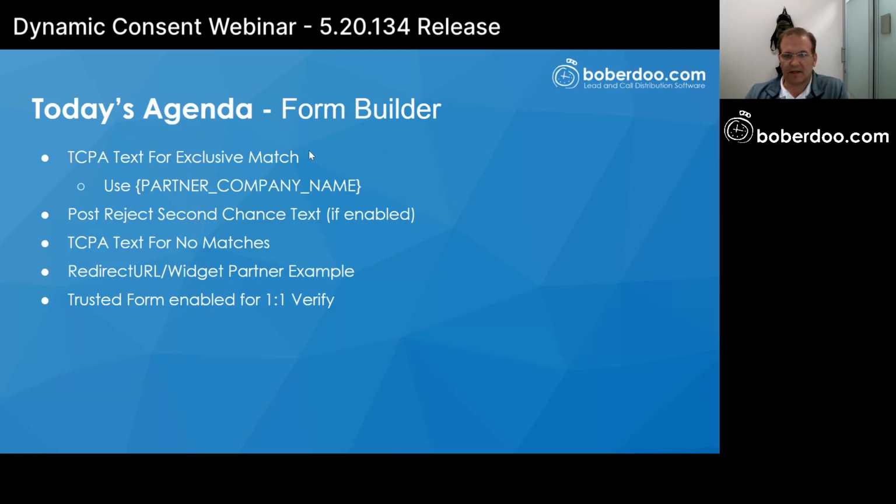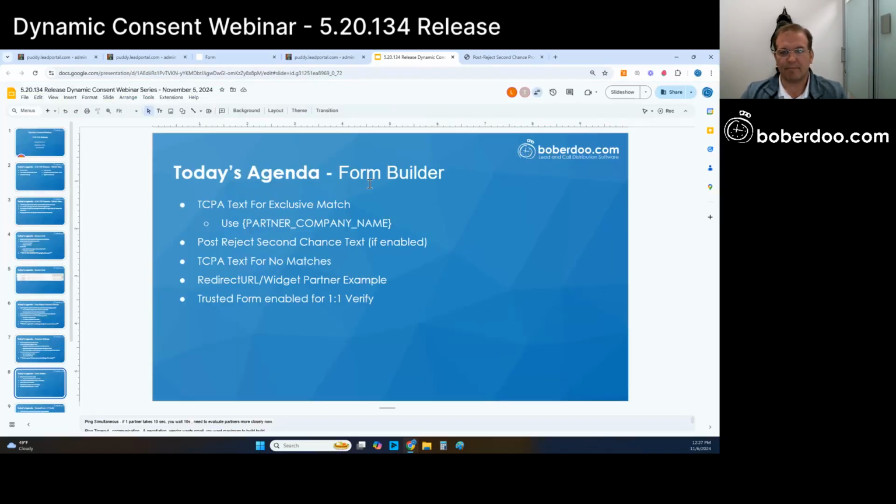One of the big things that we wanted to point out is that the magic strings in the TCPA text are there to dynamically populate the company information. So that magic string partner company name will populate exactly those things that we just covered: the consent settings, company, seller company name.